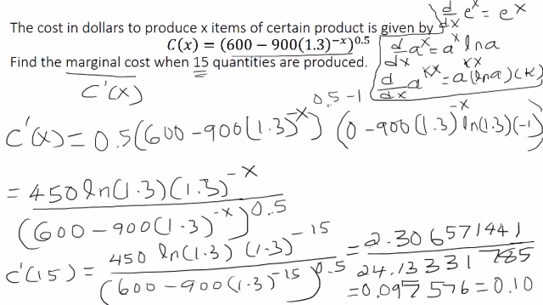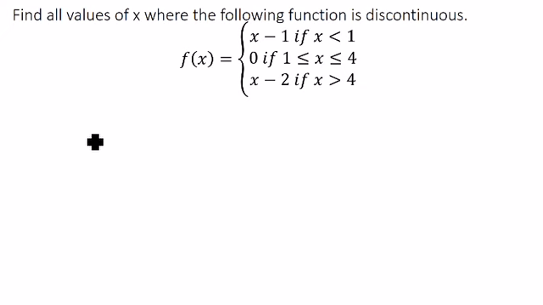Well, the next question we have here is this piecewise defined function, and we have to find all values of x where the following function is discontinuous. The function is given as f of x equals x minus 1 if x is less than 1. That's the first branch. 0 if x is between 1 and 4, that's the second branch, and x minus 2 if x is greater than 4.